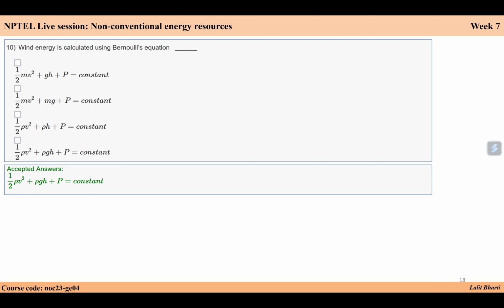Basically the kinetic energy and potential energy with the air pressure are put together and the Bernoulli equation is obtained. So I am just writing the Bernoulli equation directly here, since it is clearly mentioned in the main lectures. So option fourth is correct.